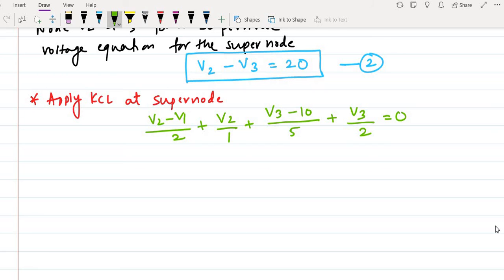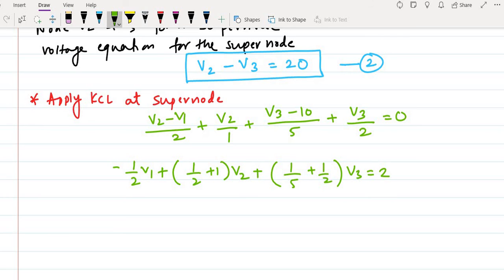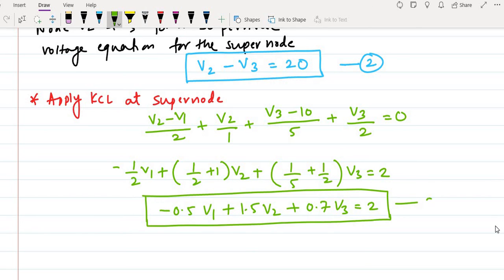Now if you simplify it, you will get minus 1/2 V1 plus (1/2 plus 1) V2 plus (1/5 plus 1/2) V3 equal to 2. The simplification of this equation is minus 0.5 V1 plus 1.5 V2 plus 0.7 V3 equal to 2. This is our third equation.